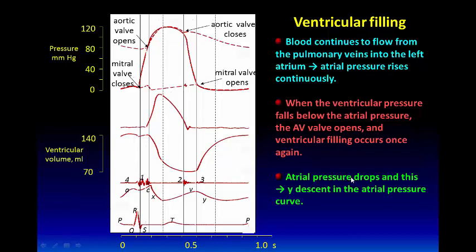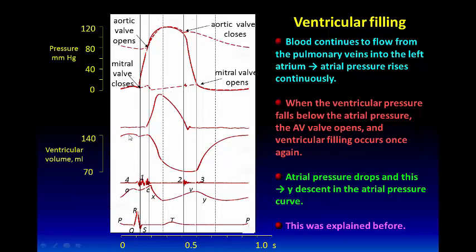Atrial pressure drops as a result of the filling of the ventricles, the movement of blood from the left atrium into the left ventricle, and this gives a Y descent in the atrial pressure curve. And this was explained before, the rapid and the slow ventricular filling phases of the cardiac cycle.